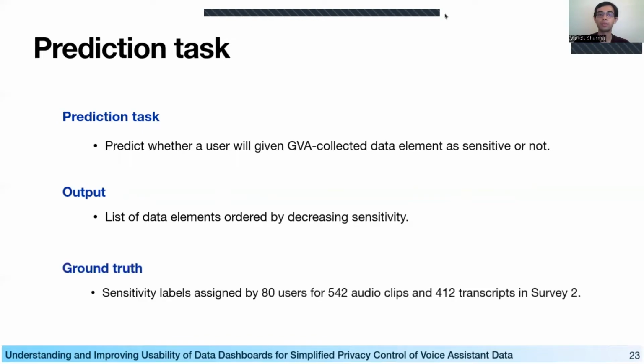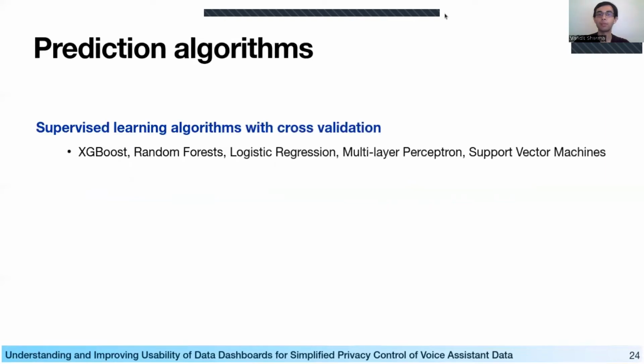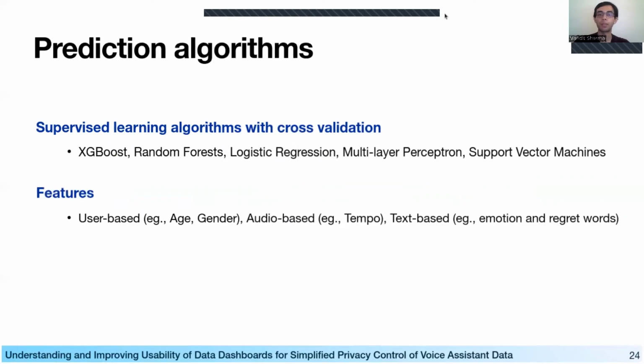As ground truth for the training task, we use the labels assigned by users to their personal data elements presented in Survey 2. We explored several supervised learning algorithms such as XGBoost, random forest, logistic regression, etc. to train our machine learning system. We extracted several features from these data elements for prediction.